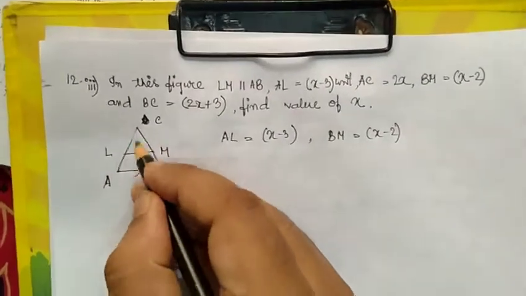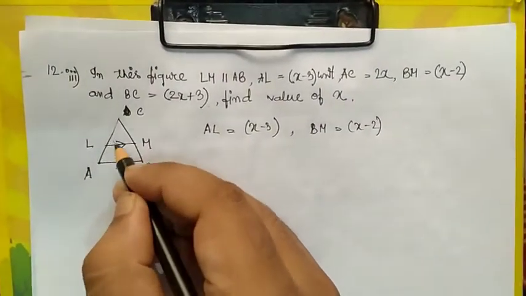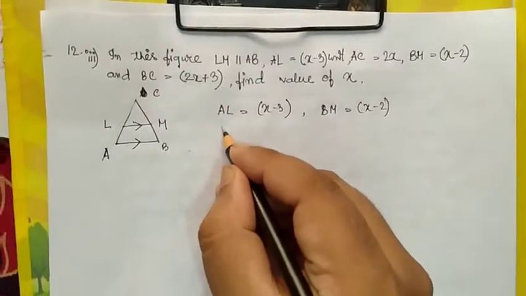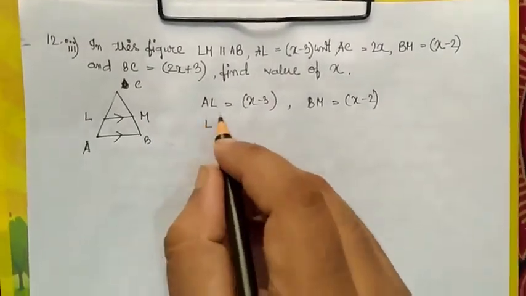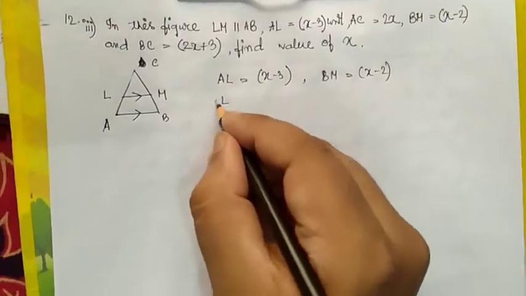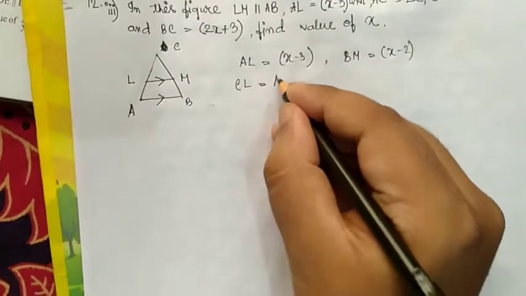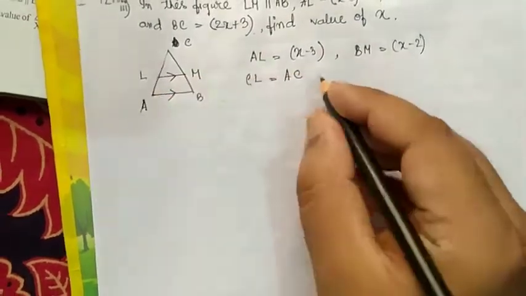Now therefore CL means total side AC minus AL.